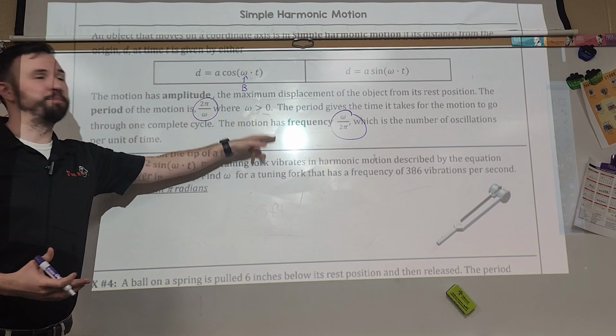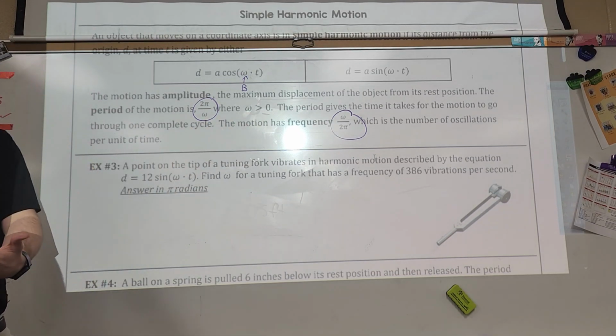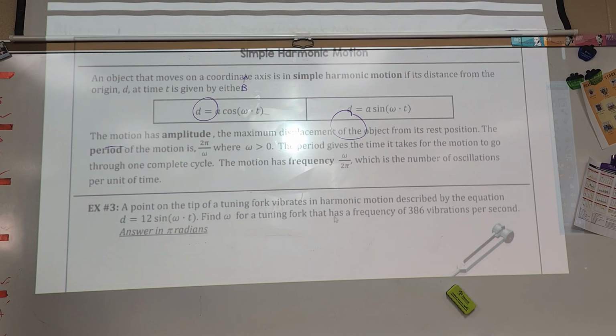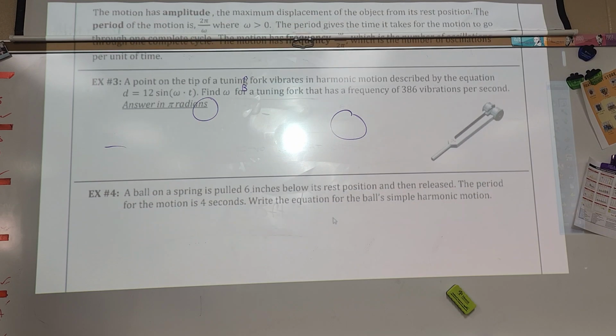So if you want frequency, it's B over 2 pi. That's how many oscillations per unit of time. So if you want to know how much your pistons are firing in an engine, that's actually your frequency of a harmonic oscillator. Engineering is fun. I told you guys this is real life stuff.